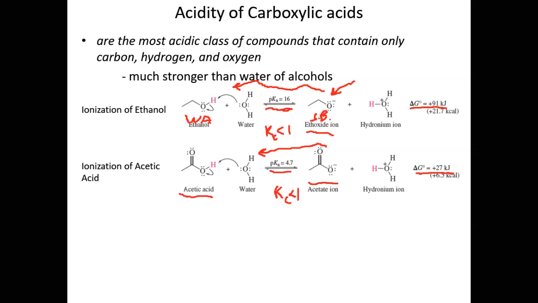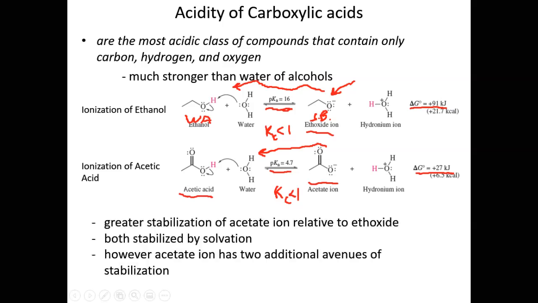That means its conjugate base is going to be weaker. You may say both can be stabilized by solvation, so when they're put into the solvent, they're stabilized. But you'll see here that the acetate ion has greater stabilization than the ethoxide ion.